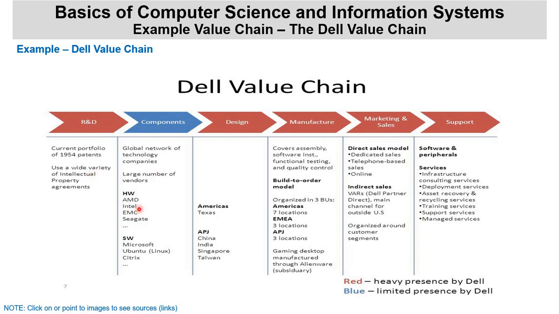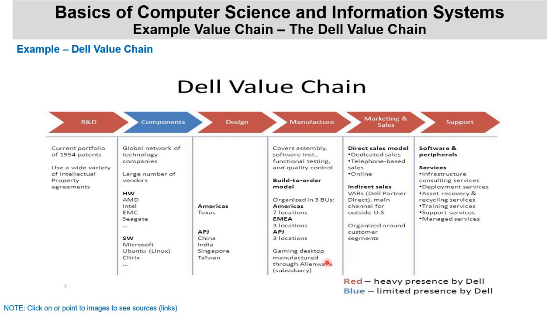For example, the hardware we will outsource to Intel, and the software comes from Microsoft or Ubuntu. The design goes to Texas, and it's done in China and in India. And you can go on and on. We will manufacture in 7 locations in America, and other locations are defined. Gaming desktops will be manufactured through Alienware.